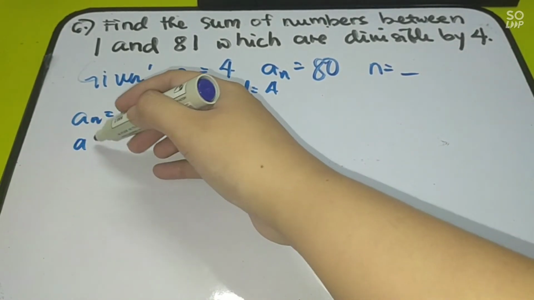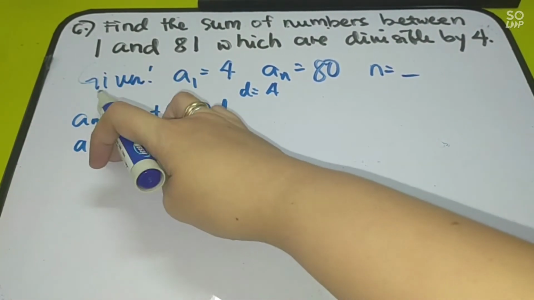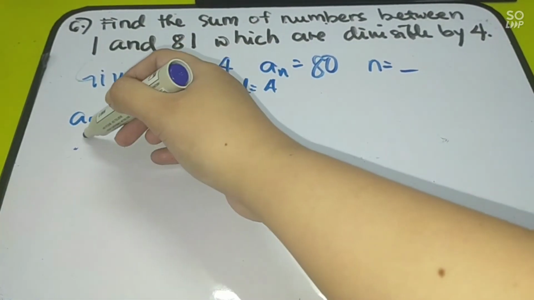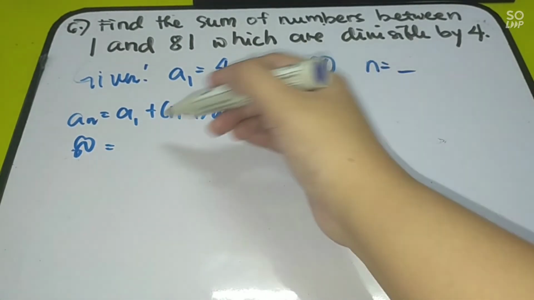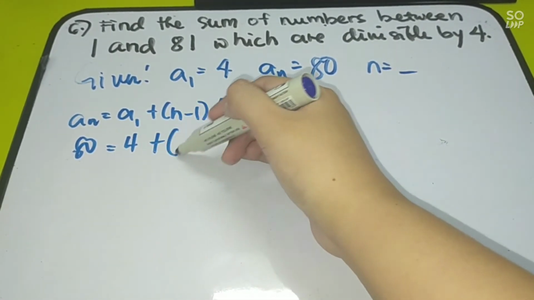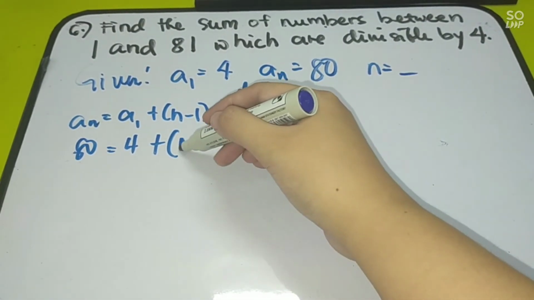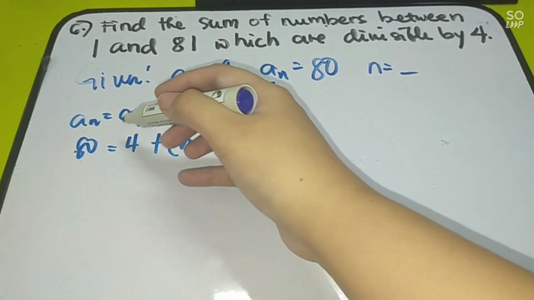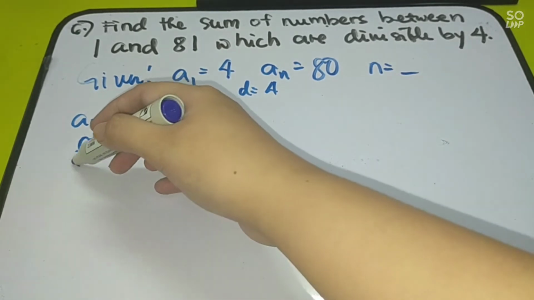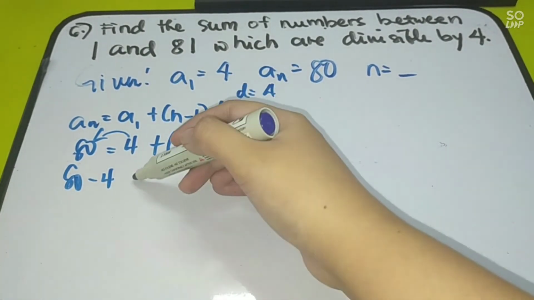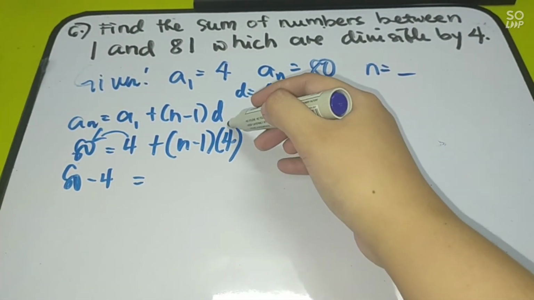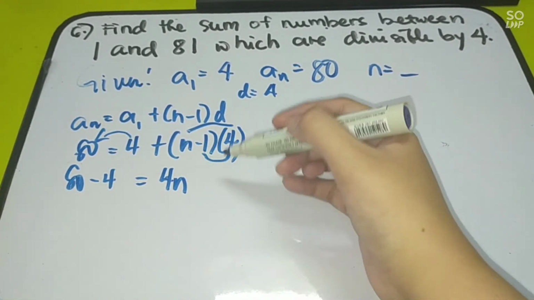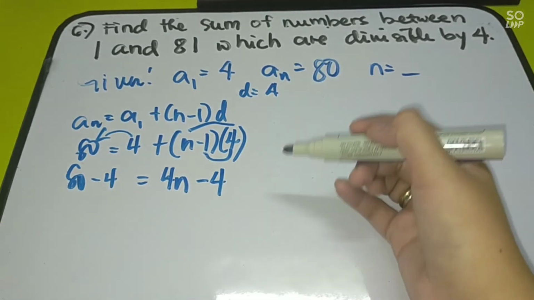So, we have here a sub n, last term. What is our last term? Ang last term natin is 80, equal to the first term we have here 4 plus quantity, ang n natin ay nawawala, n minus 1, then ang d mo ay 4. Then, si 4, lipat mo doon. So, magiging 80 minus 4 is equal to, distribute, becomes 4n, then negative 4 minus 4.